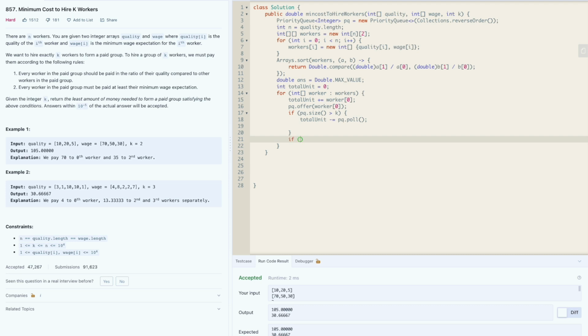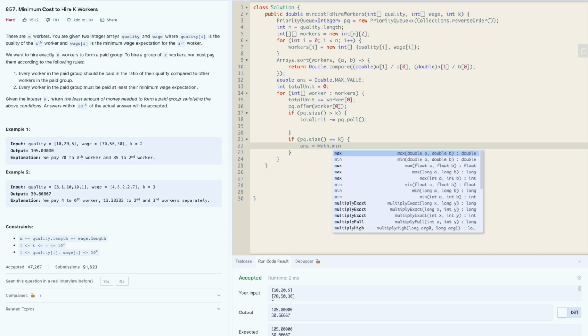And if my size is equal to k, that means we have the right amount of workers, and we need to update the solution.